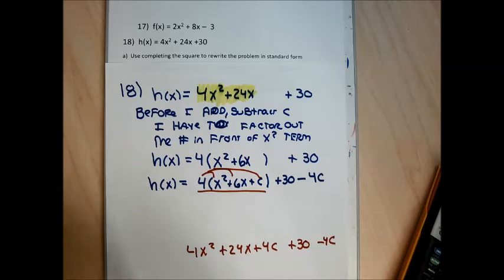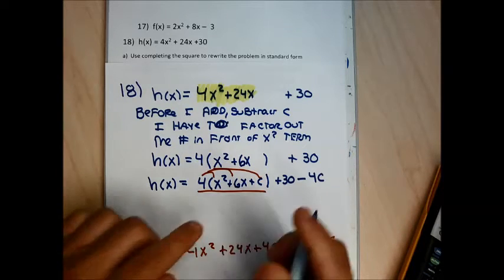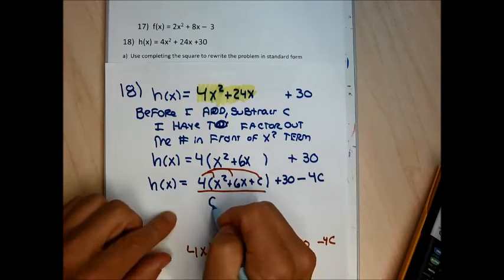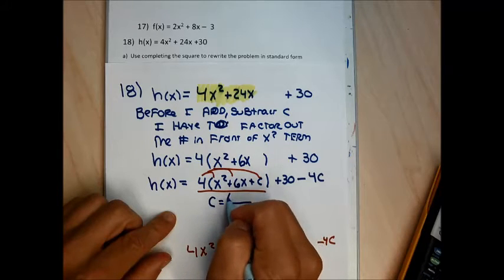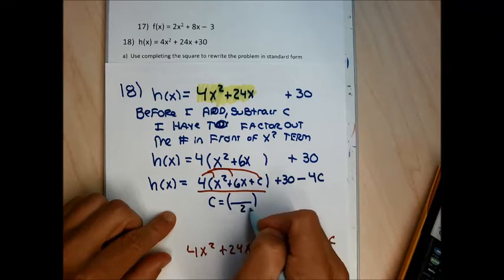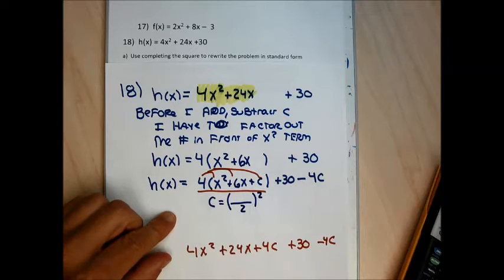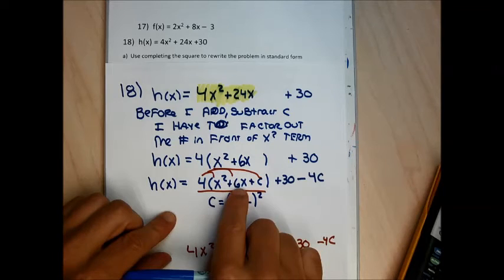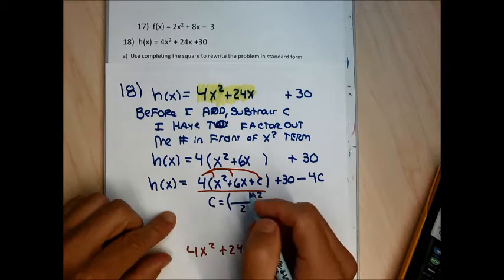Now I'm going to figure out what c is. c is always gotten by the formula. We have a parentheses with a 2 in the denominator and a square outside that parentheses. And the number in front of the x to the first power term goes in that parentheses.